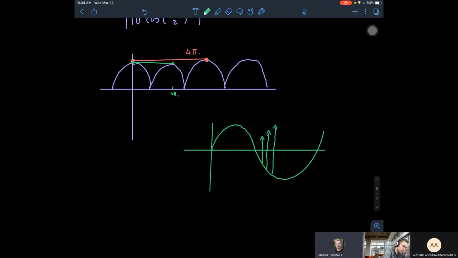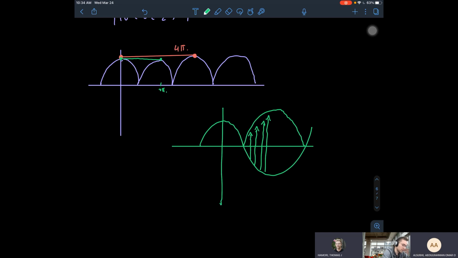You're right. This should have been here, though. Sorry. You're exactly right. We just reflect everything which is beneath the x-axis.